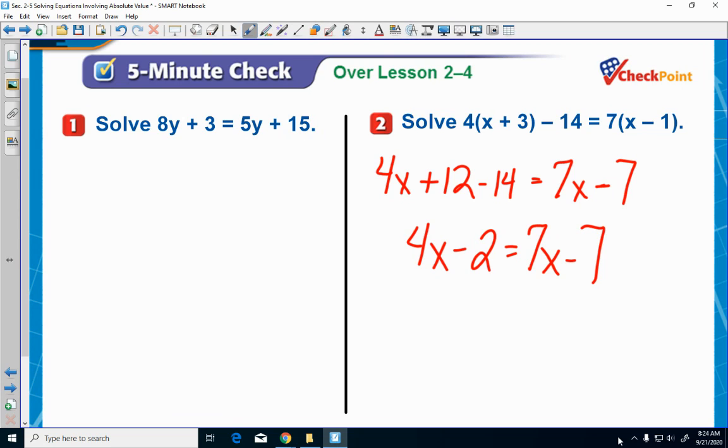At this point, both of these equations look the same in the fact that they have no more like terms on either side. And at this point, you have to make a choice. Make the decision to move the variables to one side and move the constants to the other. Whatever that is going to be. For most of you, it's probably going to be to move the variable to the left. We like to see our variable on the left-hand side a lot of times. So if that's the case, do that. If you don't care, then maybe you move the 4x because that keeps x positive instead of negative.